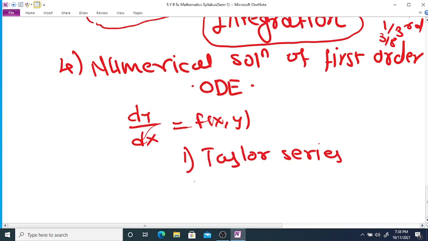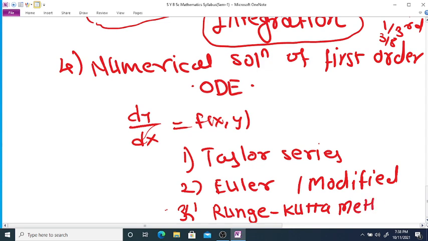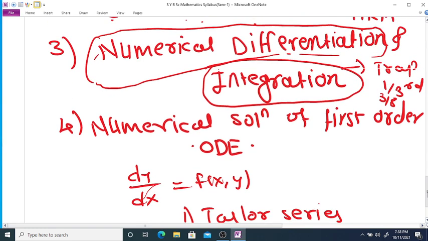Then next Euler method, then modified Euler method. Next Runge-Kutta method. There are again two Runge-Kutta methods, second order and fourth order. By using these four methods we are going to find the solution of the given first order differential equation.